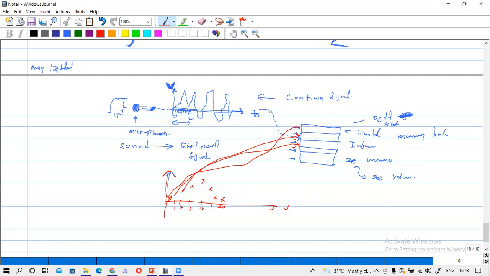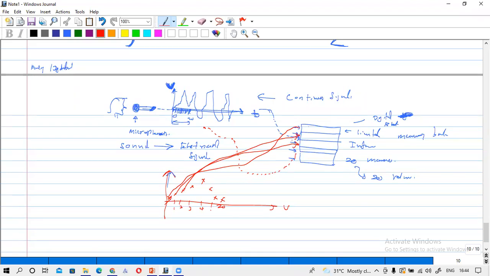So practically we will have continuous signals, but to process or store them, it is very hard to do it in a continuous manner. We can convert it to a discrete signal, and then we can manipulate it.